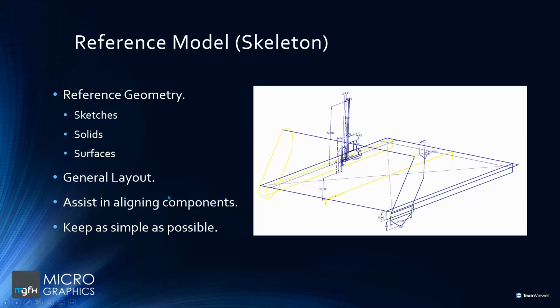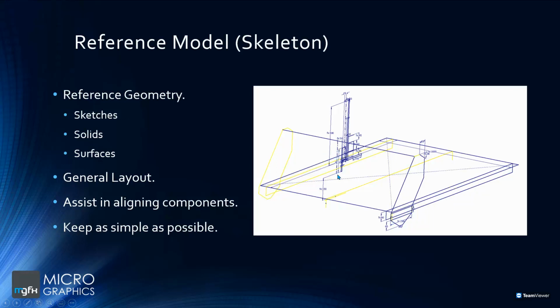And what this does is it assists in aligning components. We can see how the width of this riser on the ends interacts with the width of the bed. We'd be able to see at this early stage, if we keep that width at, it looks like, 250 on that sketch, how much travel would we get on the machine?